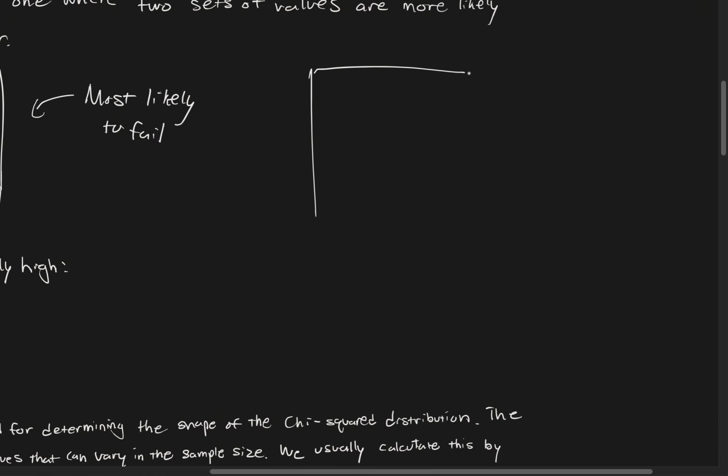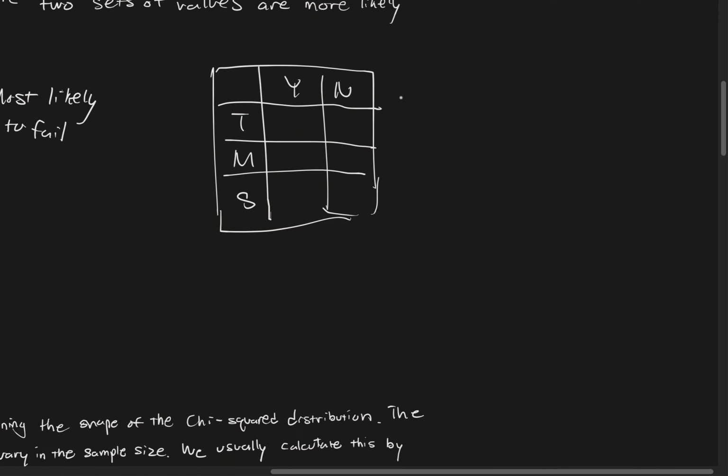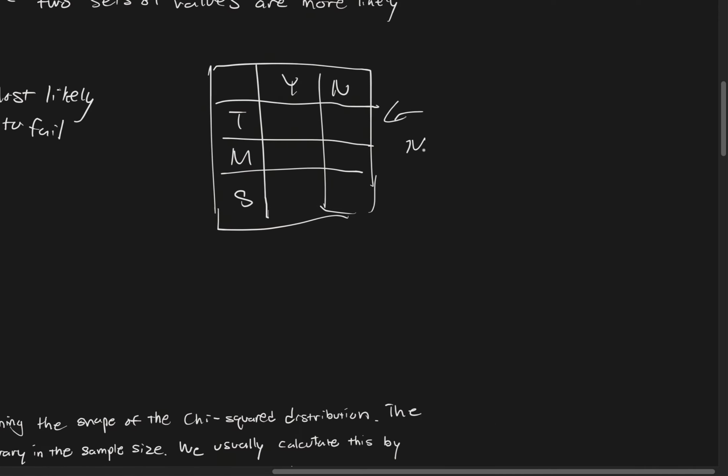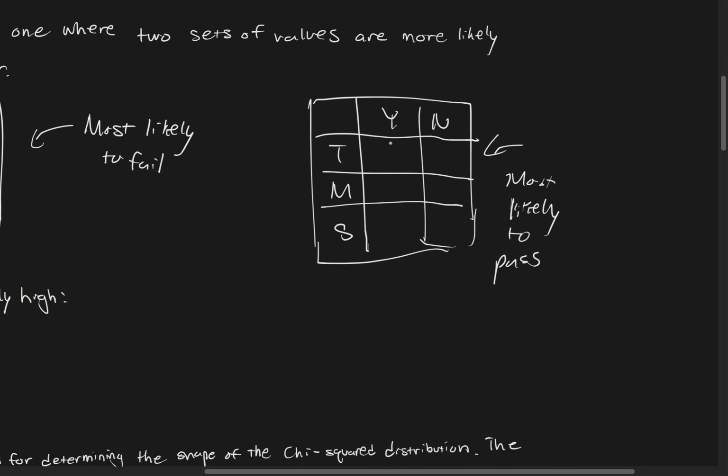But using a similar example, let's say our satisfactoriness of grade depends on how tall someone is. So if they're tall, medium height, or very small. This test is most likely to pass, because these two sets of variables are completely arbitrary to one another.